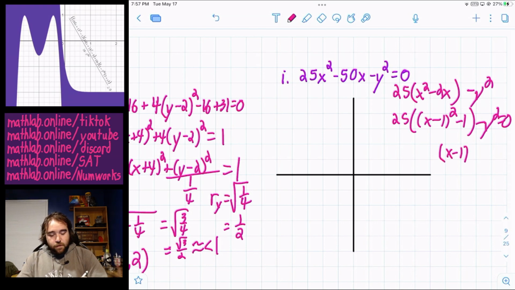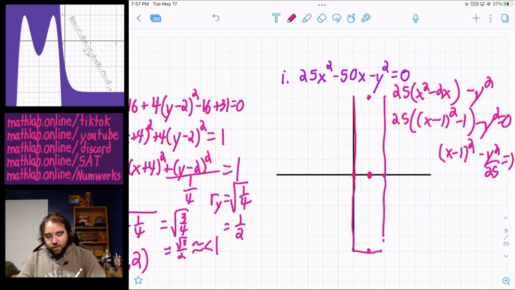So x minus 1 squared minus y squared over 25 equals 1. So it's a hyperbola. We got 1, 0. But yeah, this one was fine. This is a little strange because it's so tall and skinny. But you got to make them a little interesting sometimes.